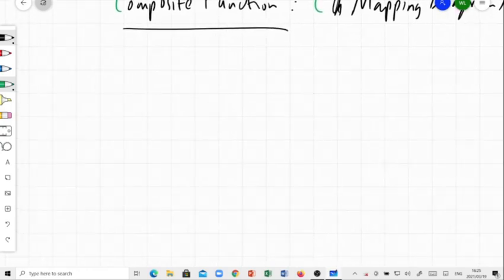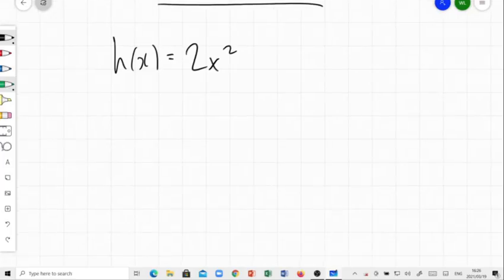Let's start off with a concrete example. Let's say we've got our function h of x is equal to 2x squared. Now if I ask you to calculate h at, let's say, 3, you would first take 3 and square it up first.